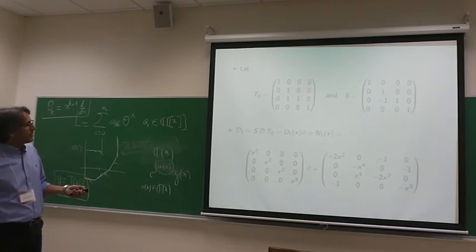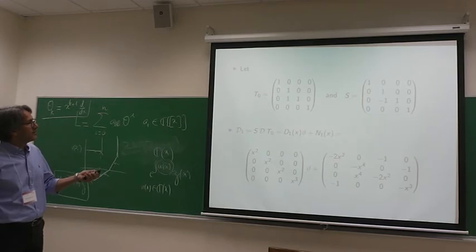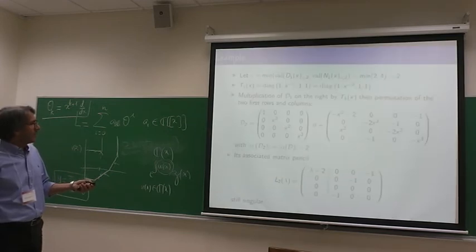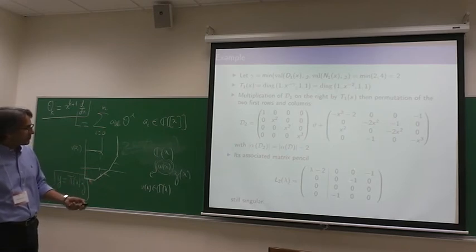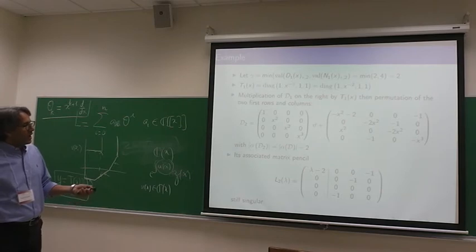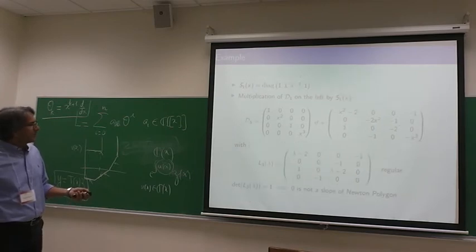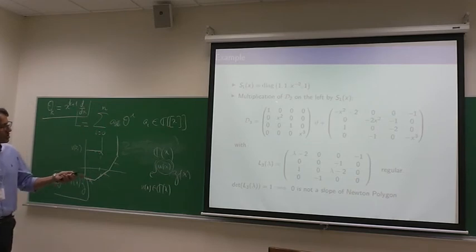And if you apply this constant transformation, then this diagonal transformation, then you get a new system here. It turns out that it is still singular, and you repeat this kind of transformation again.